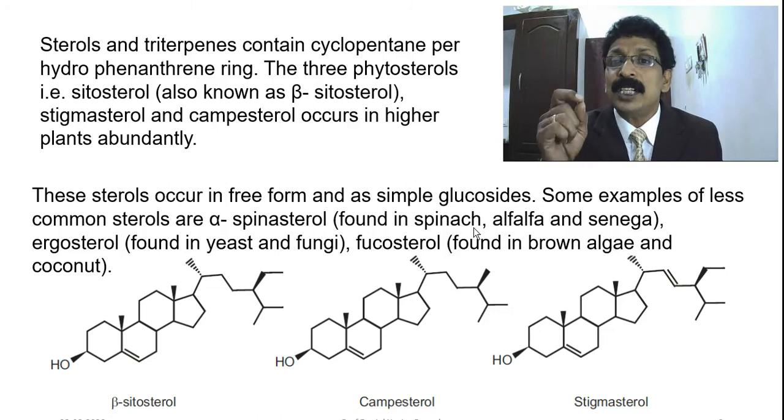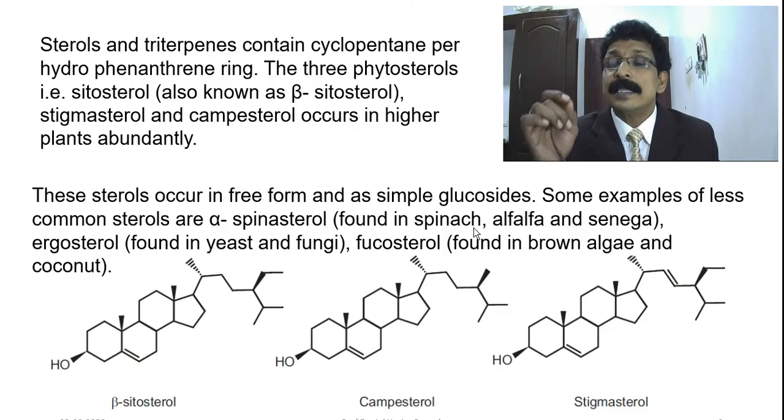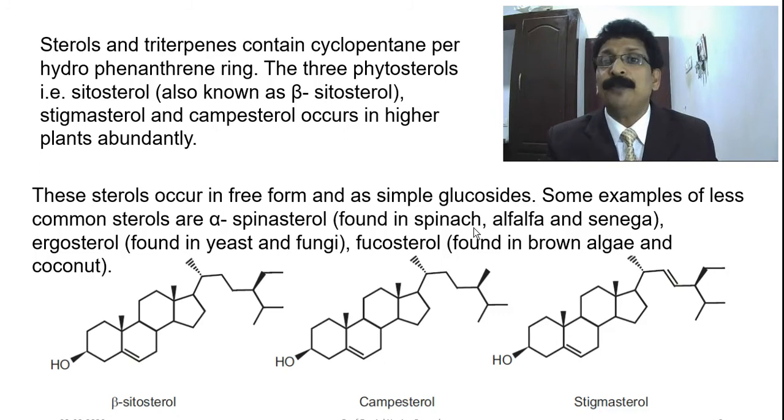Some examples of less common sterols are alpha spinasterol, found in spinach, alfalfa and senega. These are plants which are very commonly used.